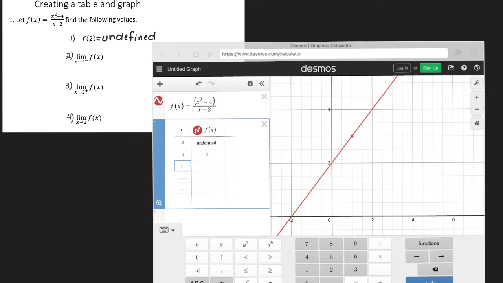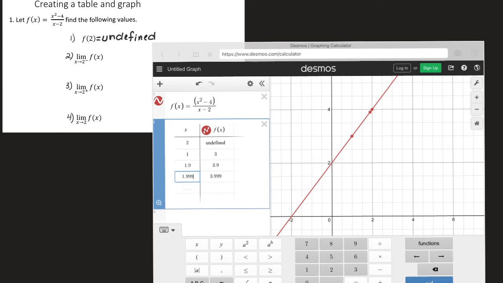I can get closer to 2 than that if I use the number 1.9, and I can see that the y value is 3.9. If I use the x value 1.99, then the value is 3.99. If I add more 9s to that, it's going to be 3.999.